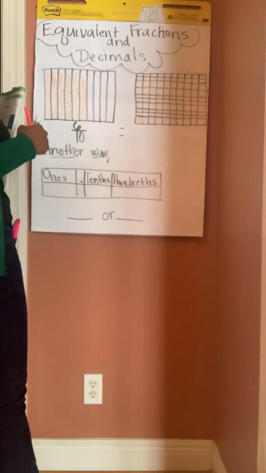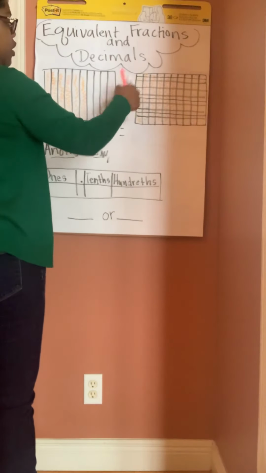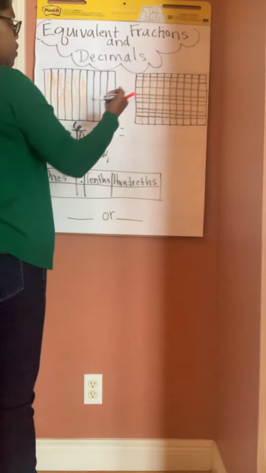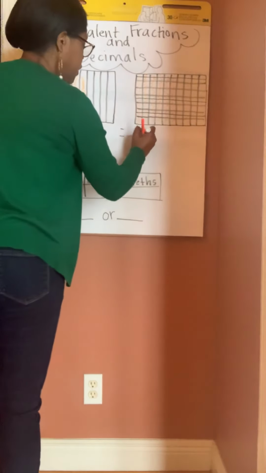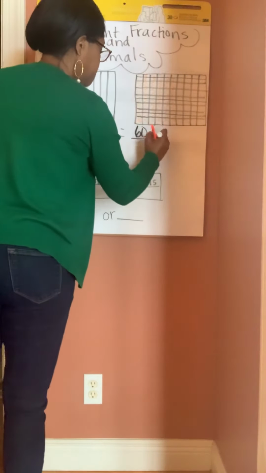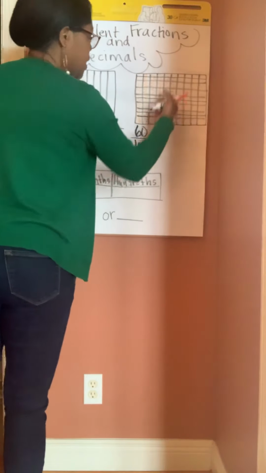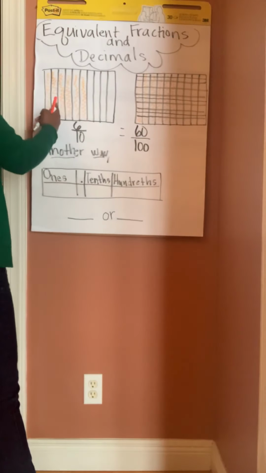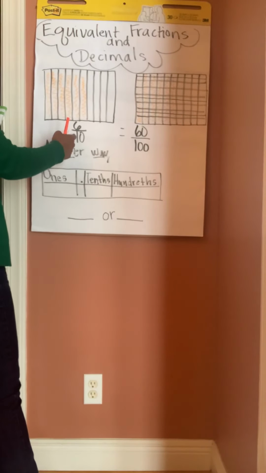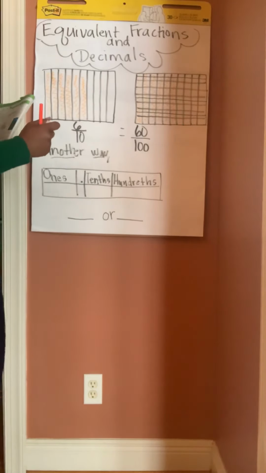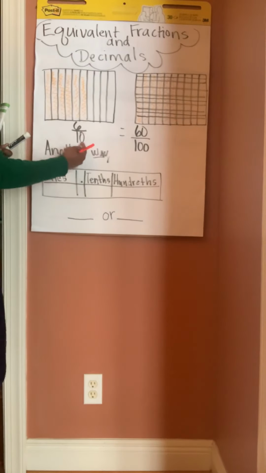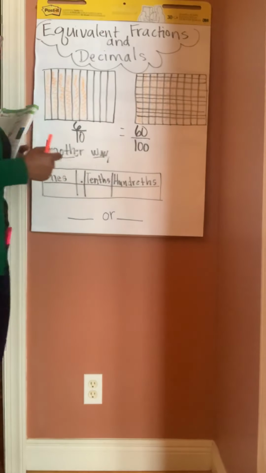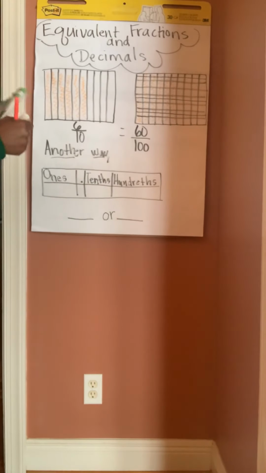I'm not going to individually count each box because I know that 6 rows of 10 will give me 60 hundredths. 60 shaded out of the 100 is equal to 6 shaded out of 10. And if you think about it as money, 6 dimes will give you 60 cents, or 60 out of 100, or out of one whole dollar.